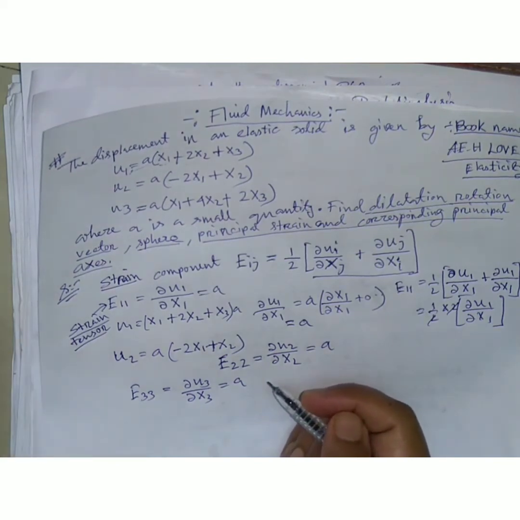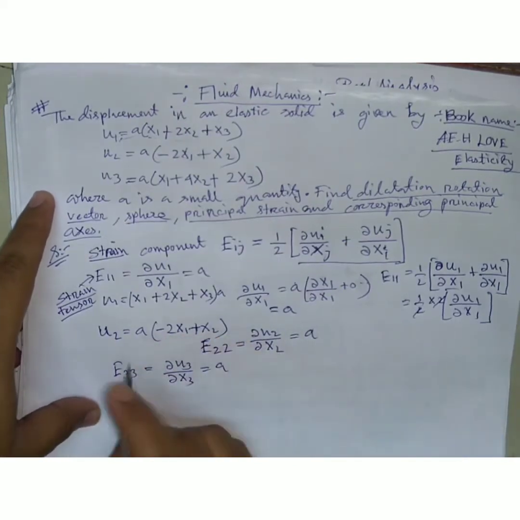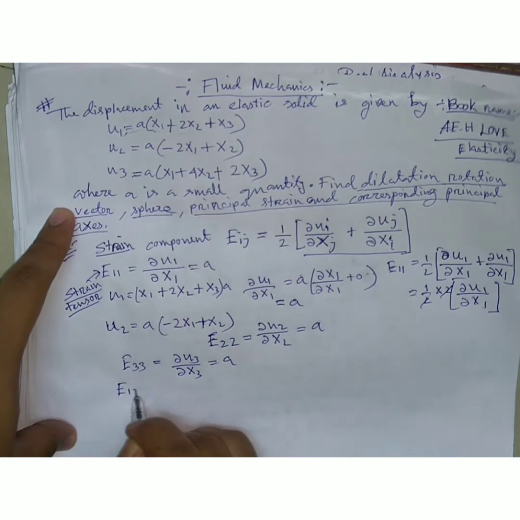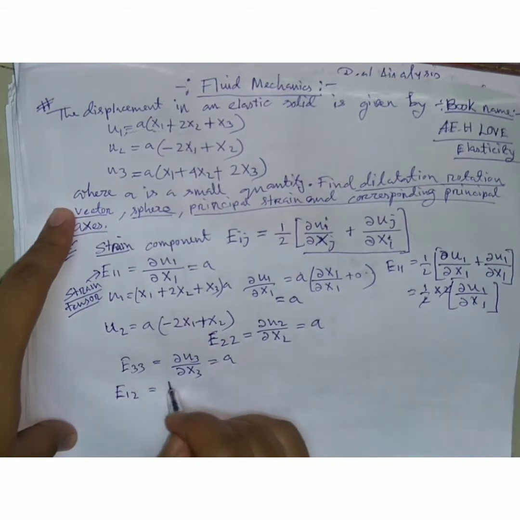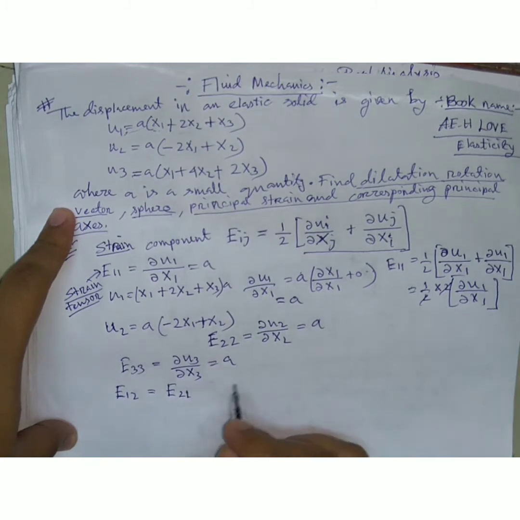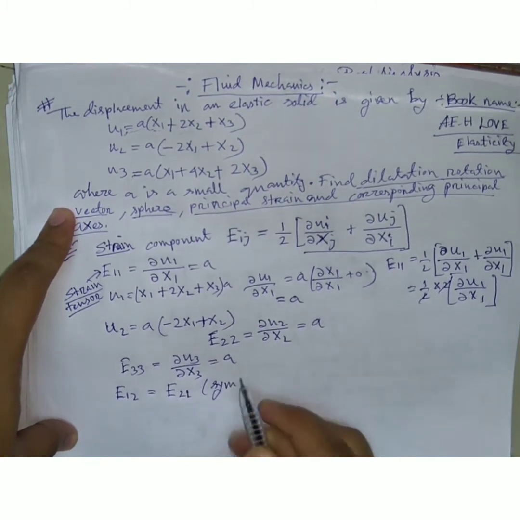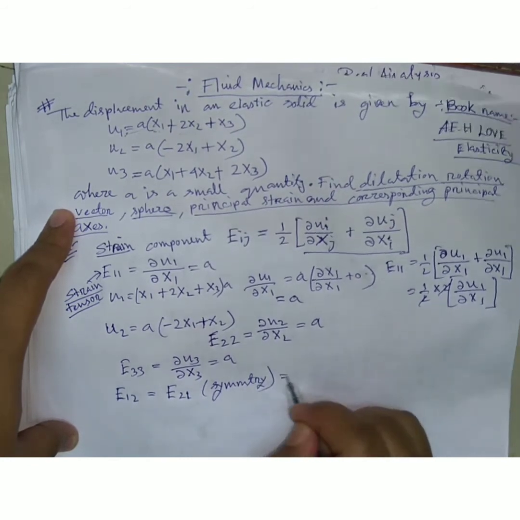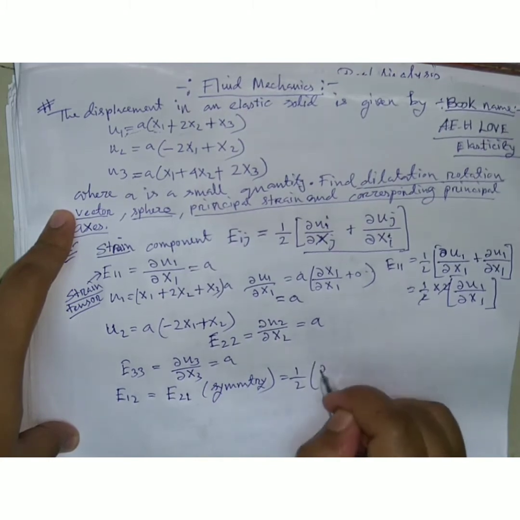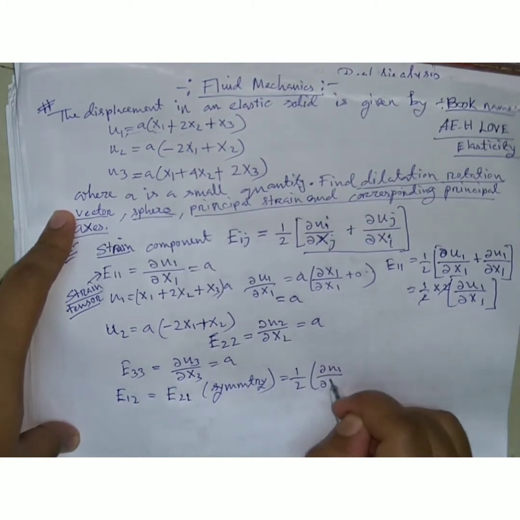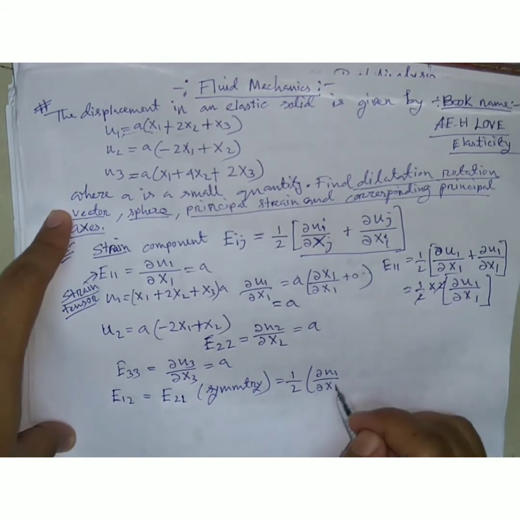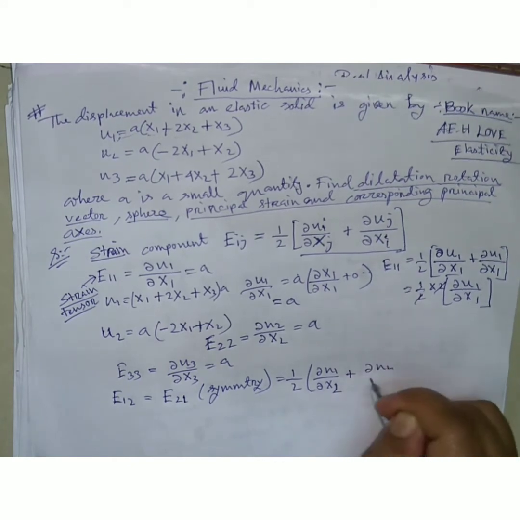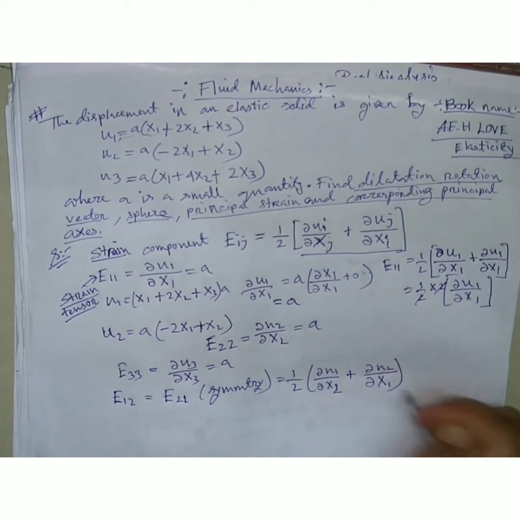So friends, we get E11, E22, E33, and after that we have to get E12 and E21. Due to symmetry, this tensor is also symmetric. So E12 is equal to half into del u1 divided by del x2 plus del u2 divided by del x1.